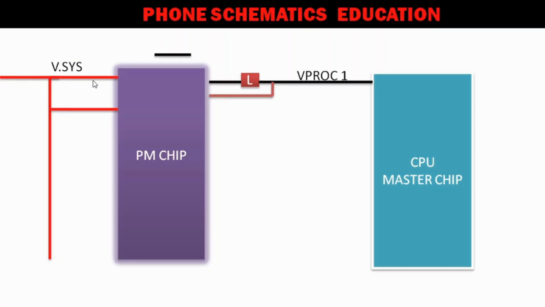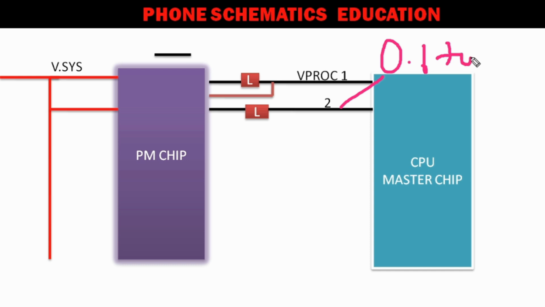Now a line comes in from V system, this red color line, and another voltage from another input. After this a line is created, and V processor voltage 2 goes to the CPU, connected to multiple balls. In this line you will get multiple caps. In this line you will get 0.6 to 1.2 volt, right?